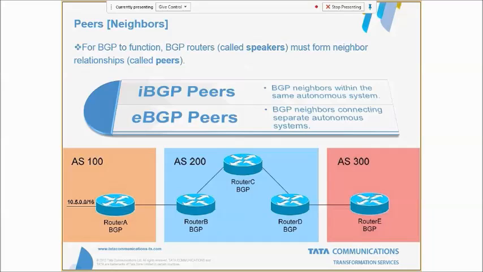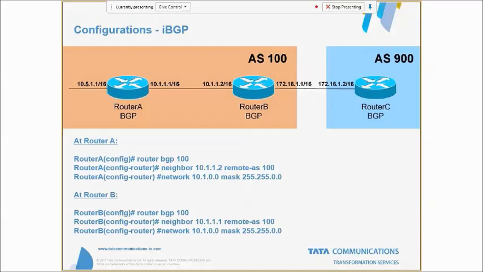Say for instance, we have 3 autonomous systems here: AS100, AS200, and AS300. Routers A and B form EBGP peers, and routers B, C, D, which are in AS200, the same autonomous system, form IBGP peers. That's the basic difference between IBGP and EBGP. Let's go for the next slide, which is the configuration.